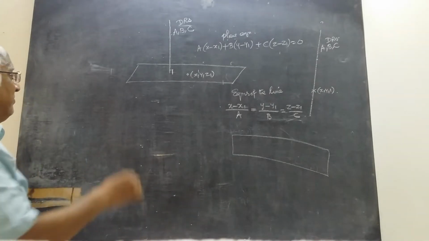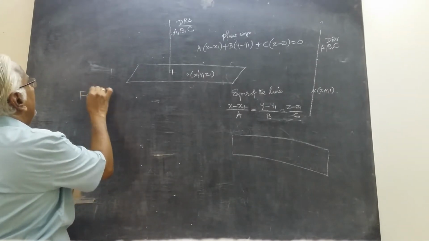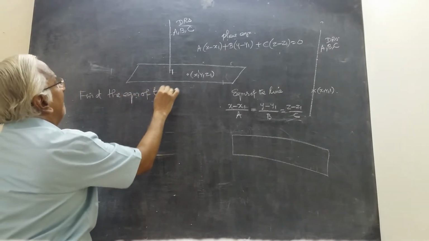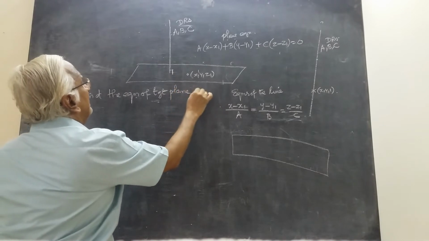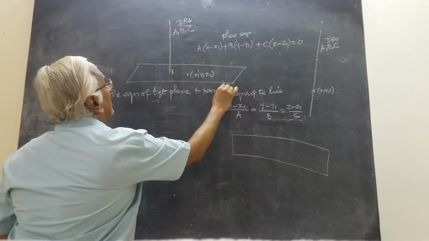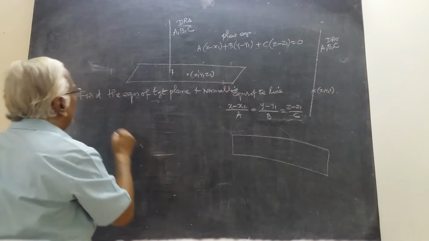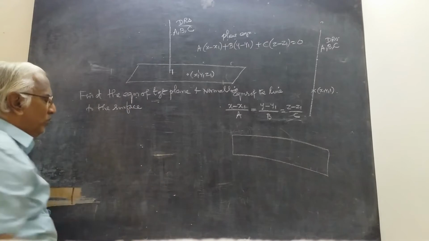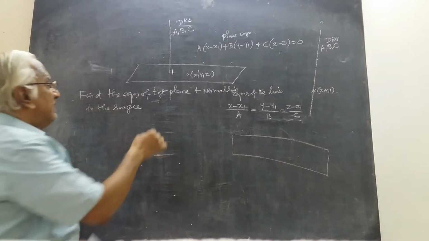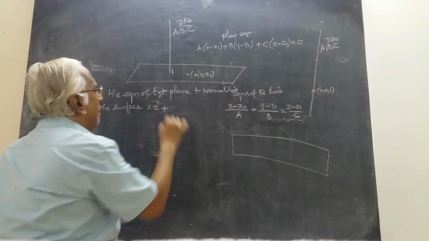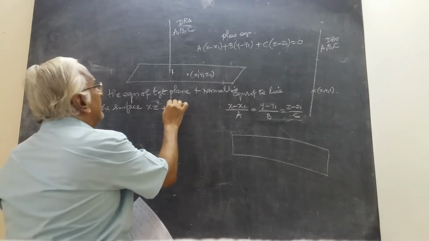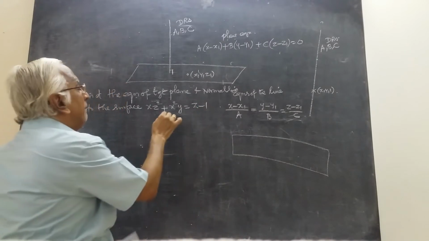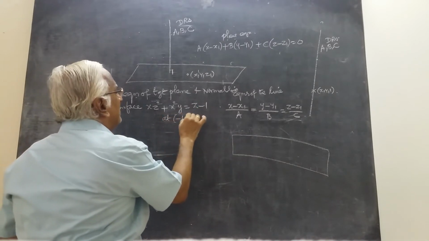Find the equation of the tangent plane and normal line to the surface xz square, x square y minus z is equal to 3, at the point 1, minus 3, 2.